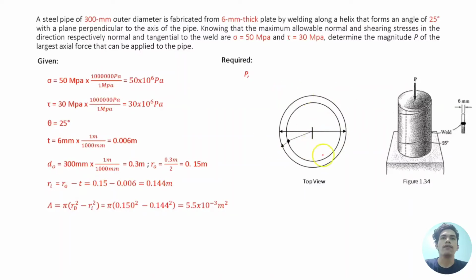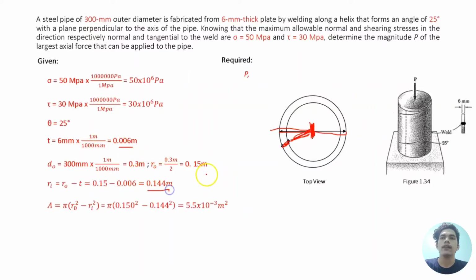So based on the top view, here is the outer diameter, right? So this is the outer radius. In order to calculate the inner radius, you should subtract the thickness, which is 0.006, from the outer radius.